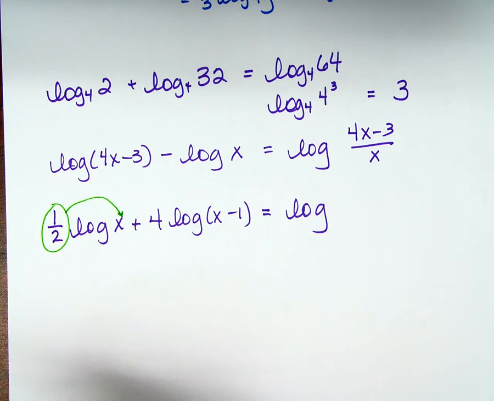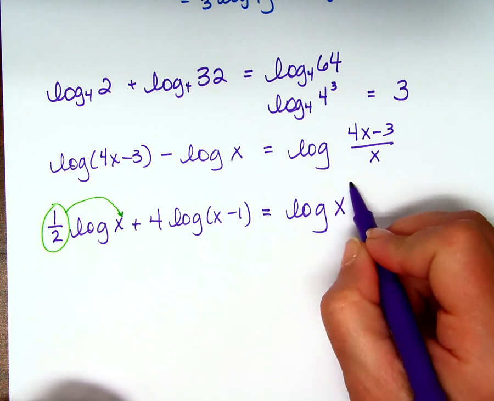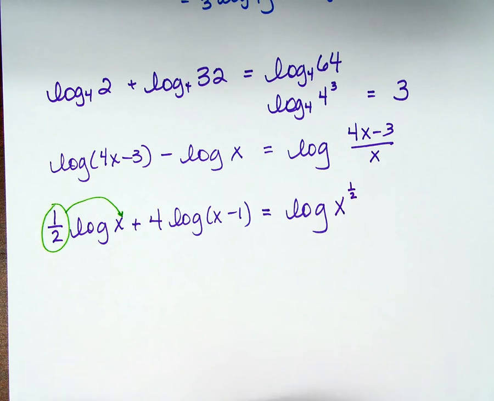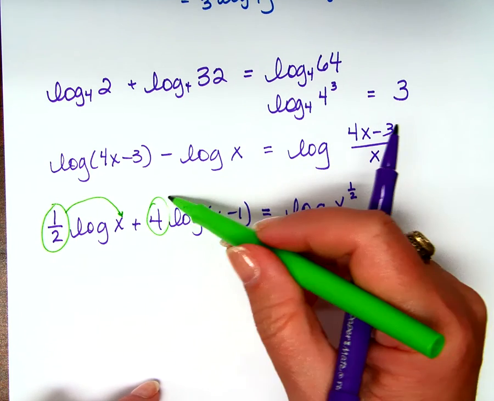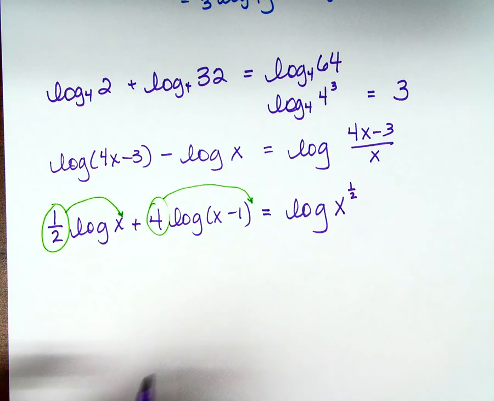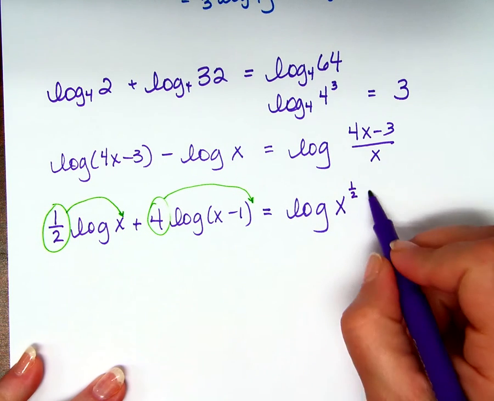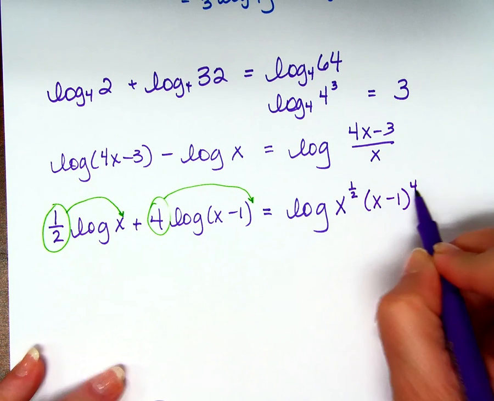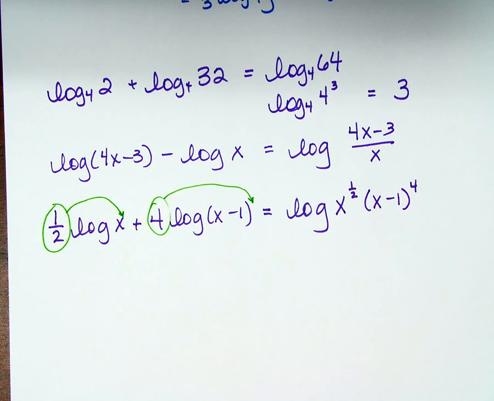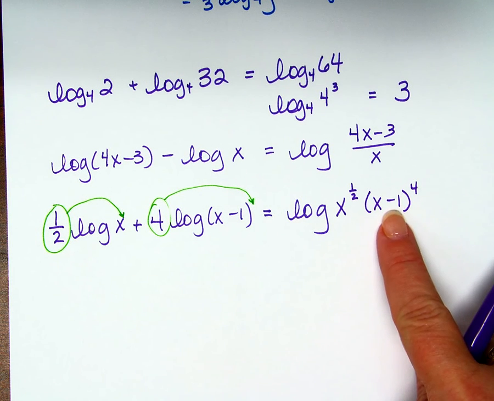So we could put square root, or we could just put x to the 1/2, right? And then what's this going to do? Exponent again, right? So x minus 1 to the 4th. Done. Because do you want to multiply that out? Neither do I.